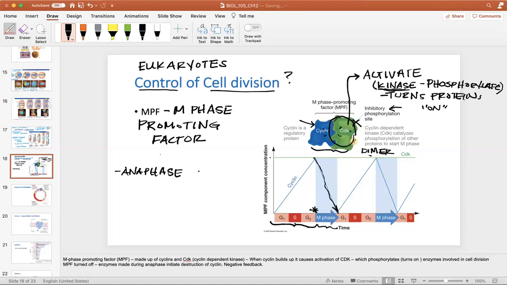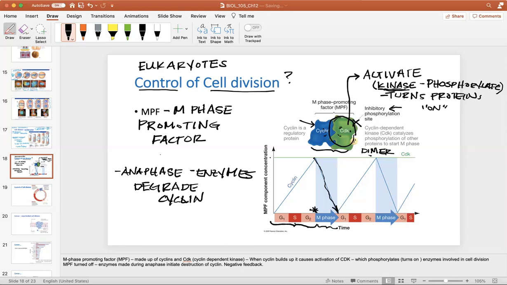there are enzymes that are produced that degrade, I was going to say chew up, but we'll just put degrade, that degrade cyclin.